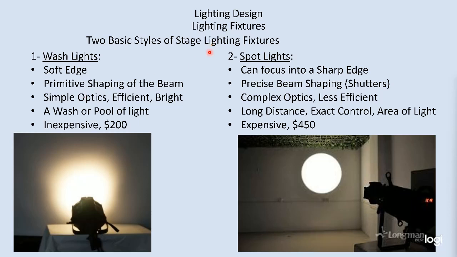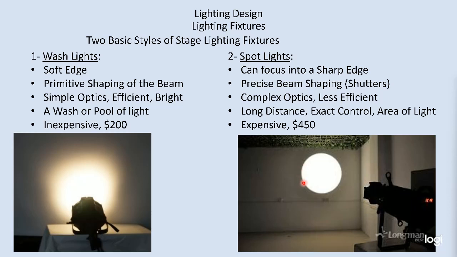The other kind of lighting fixture is a spotlight. And spotlights are capable of focusing to a very sharp edge of light where there's no gradation between where there is light and where there is dark. It's a very precise edge.